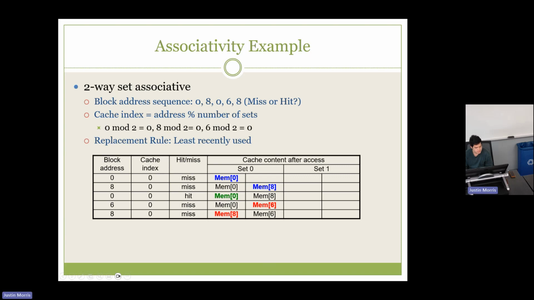Block address 8, cache index 0. We're going to go to our cache index, right? We check each field, are they valid? This one is valid, right? This one is not valid. And then what do we check?